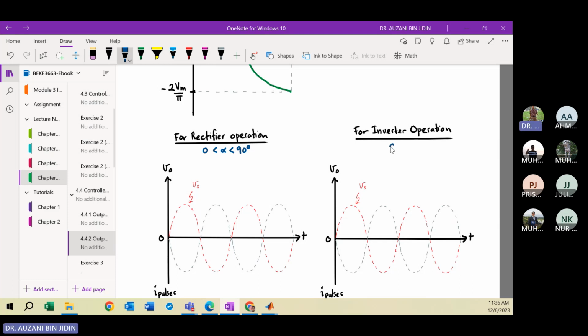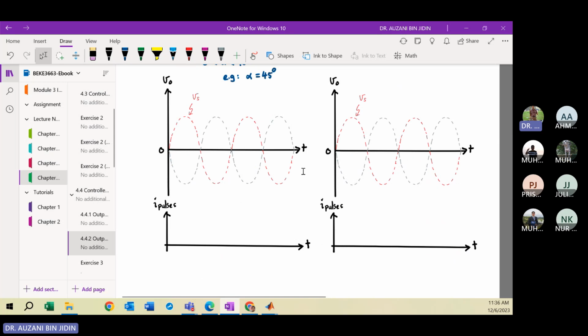For inverter, 90 degrees to 180 degrees. So for example, let's say alpha is in the range 0 to 90, maybe 45 degrees. How to sketch the output voltage waveform?